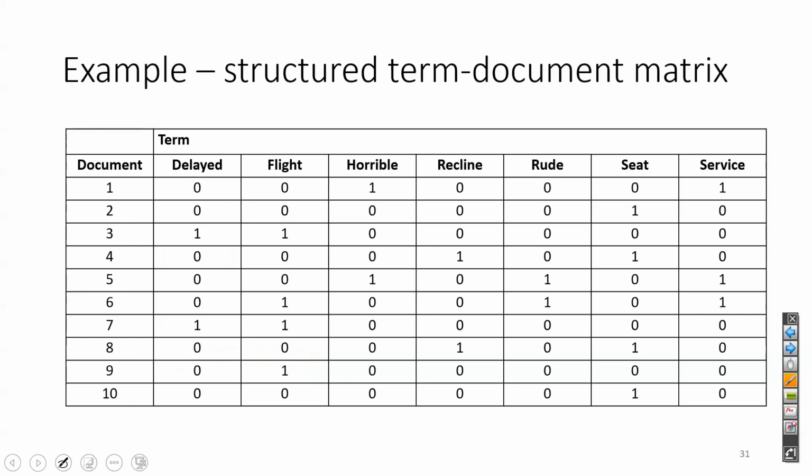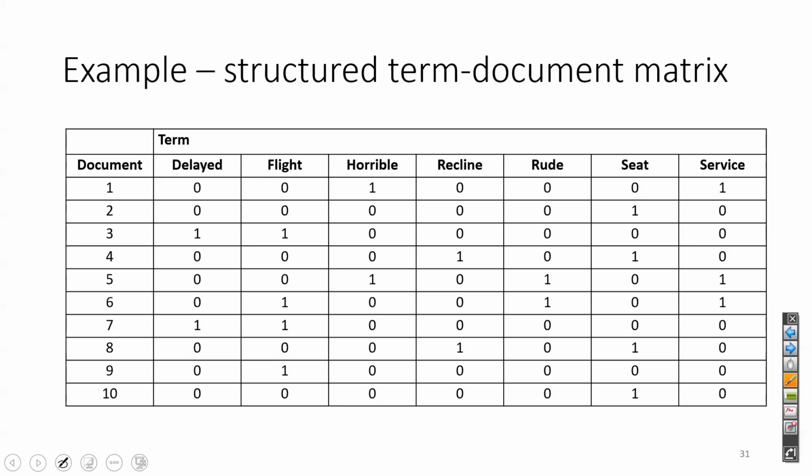Okay, but let's assume we figured that out already, and this is the output you are going to see. You may have different words, each representing a variable, and you will have different documents, and it tells you whether each of those words shows up or not. Once you have a structured table like this, you can use any cluster analysis you want.